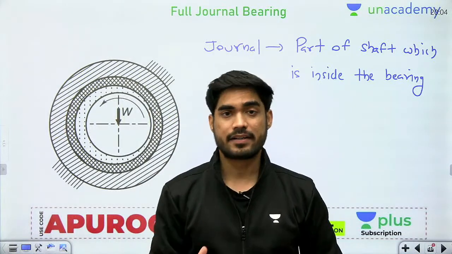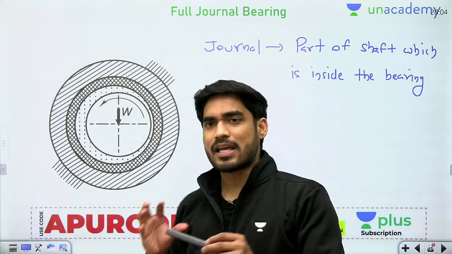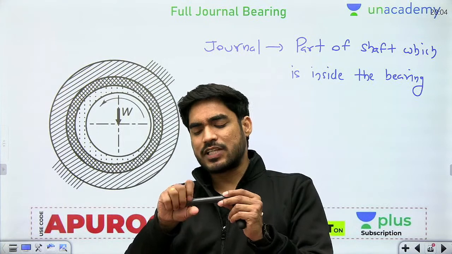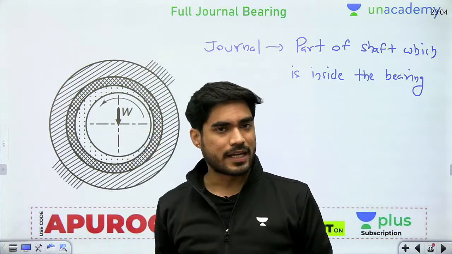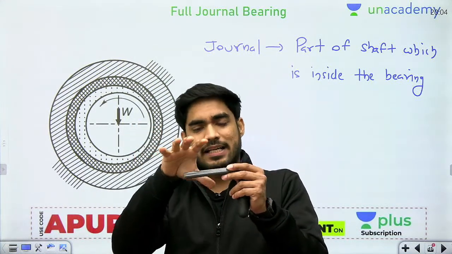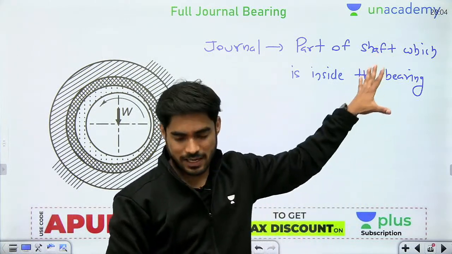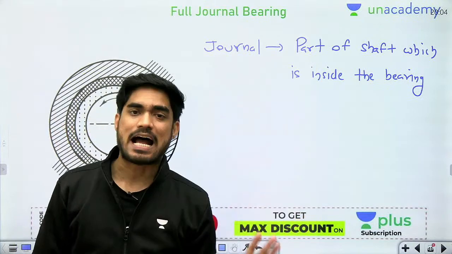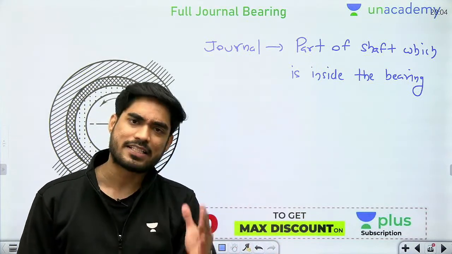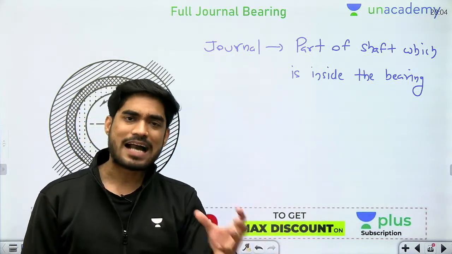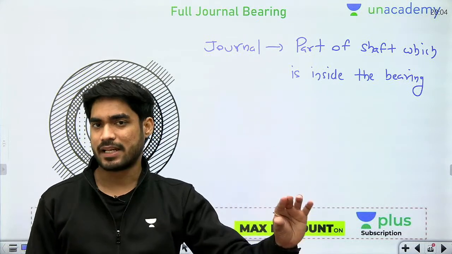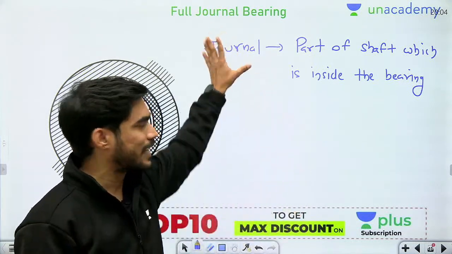Because there is lubricant inside them, so they are closed. So a part of shaft is inside this closed bearing. So how much part is inside this closed bearing? That part is known as journal. So journal means nothing but shaft. Journal का मतलब कुछ नहीं बेटा, journal मतलब shaft. The part of shaft which is inside the bearing surface is known as journal.